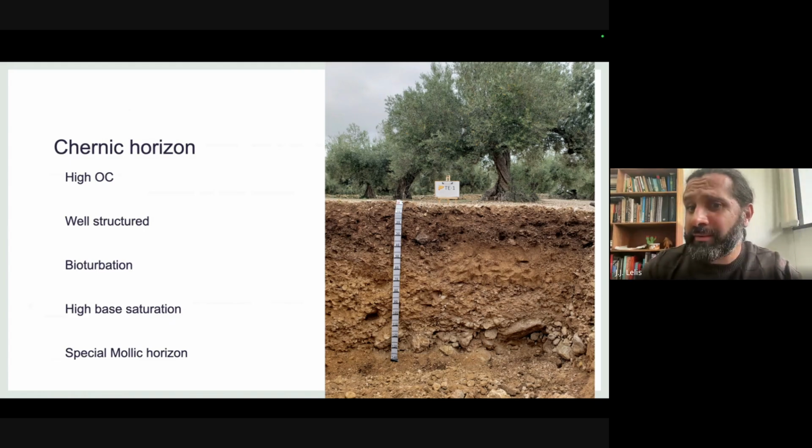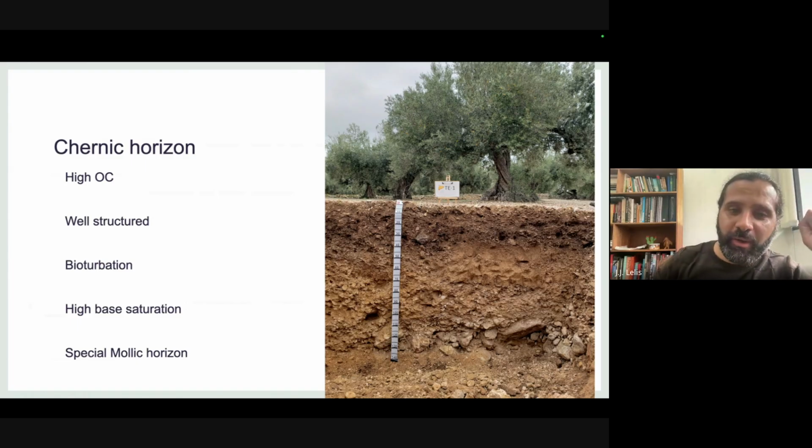And the mollic horizon has very similar properties to the mollic epipedon in the soil taxonomy, but the chernic horizon is, let's say, a special mollic horizon. We have darker colors, we have a thicker horizon, and we also have a higher content of organic carbon.